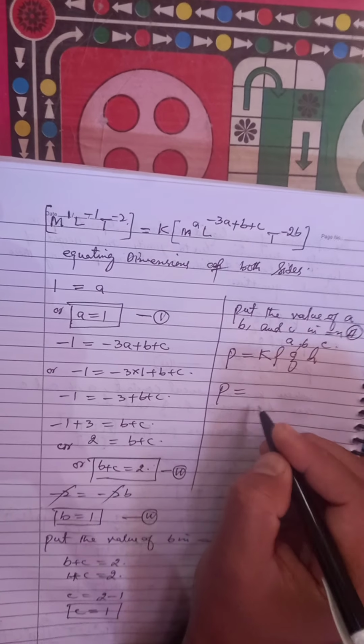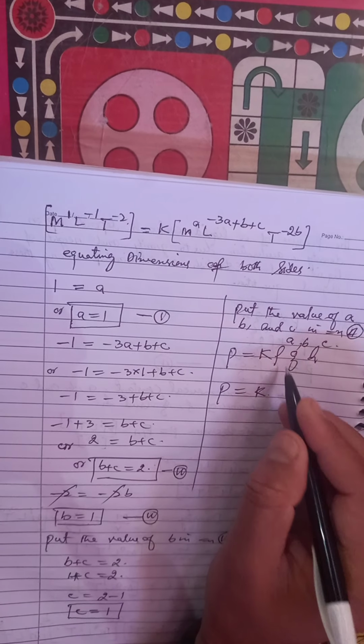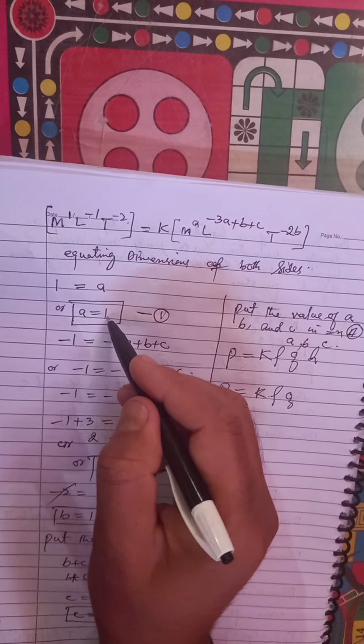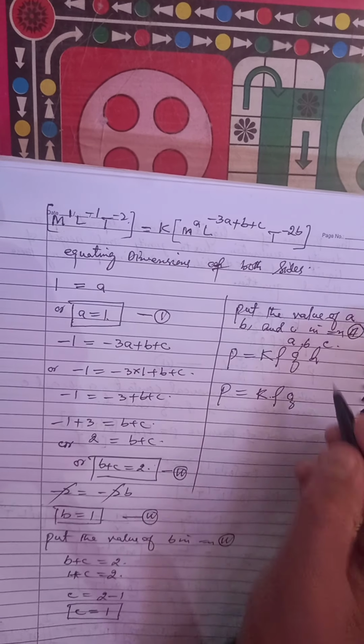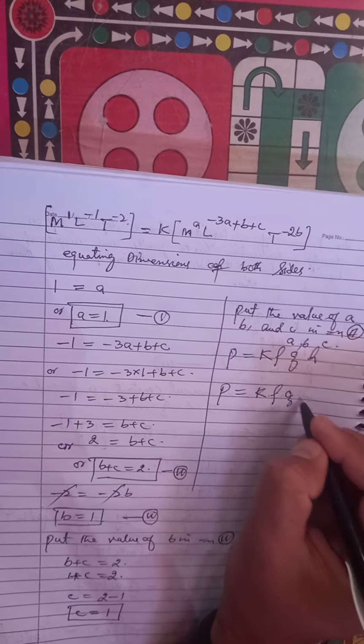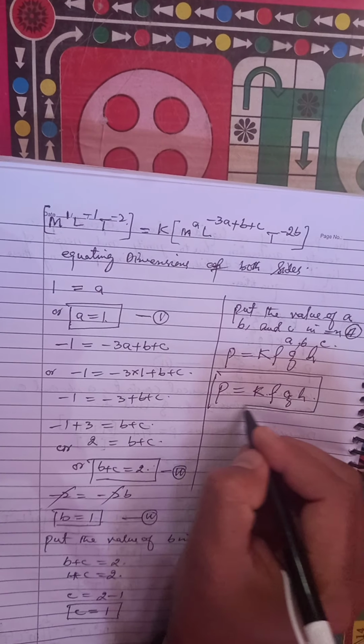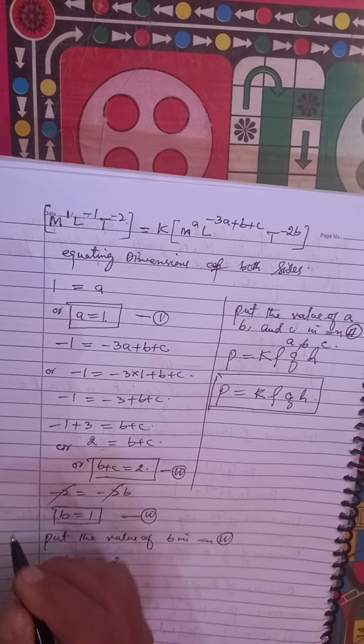So we can write P is equal to K times rho, acceleration due to gravity, because a is 1, b is 1, c is 1. So I will write here rho g h. So this is the relationship among various physical quantities.